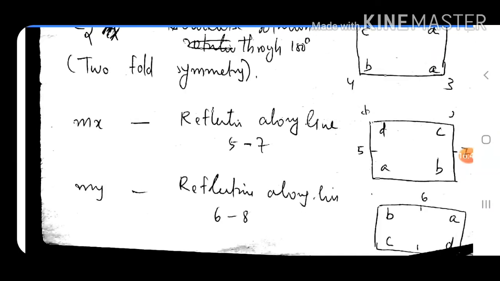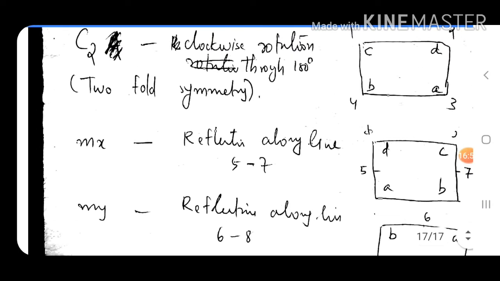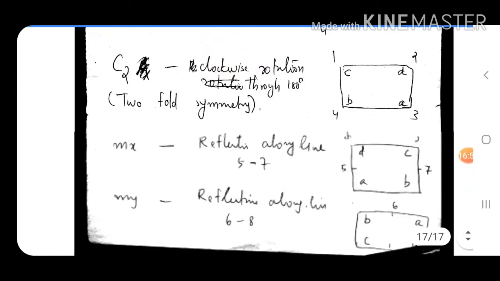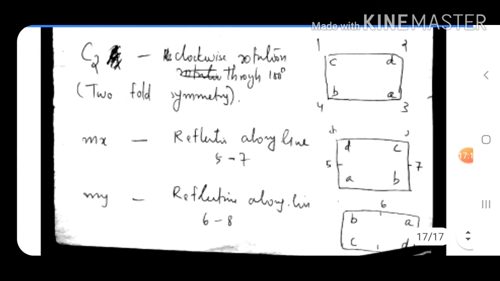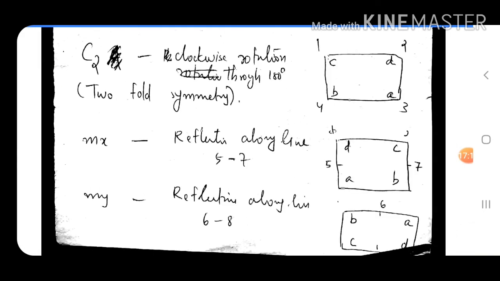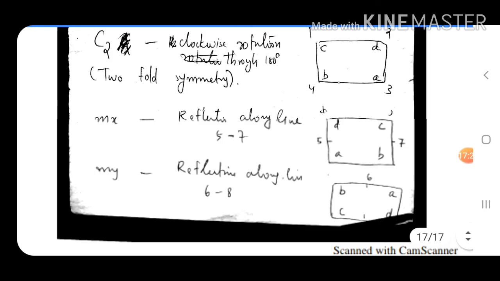MX is the reflection along the x-axis. That is a symmetry transformation. And MY is the reflection along the y-axis. Here we don't have sigma u or sigma v, which we used in the case of the square, along the diagonal. So these are the various transformations.